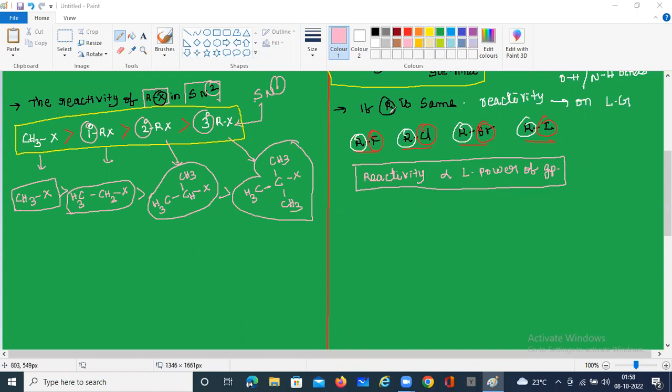Okay, so whenever in alkyl halide, when R is the same, means the alkyl group is the same, then the reactivity mainly depends upon what? Leaving power of the group. Okay na. Now tell me, beta, among fluorine, chlorine, bromine, iodine, which one has more leaving power?